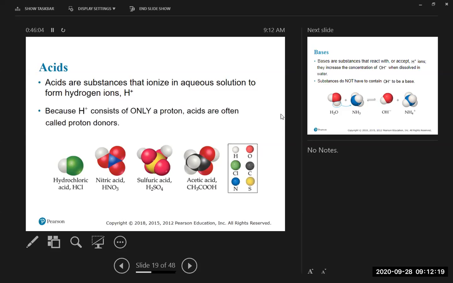The 3 hydrogens in between the 2 C's, those hydrogens are bound to the carbon all the way on the left, and those don't go anywhere. So it's just that proton all the way on the right.